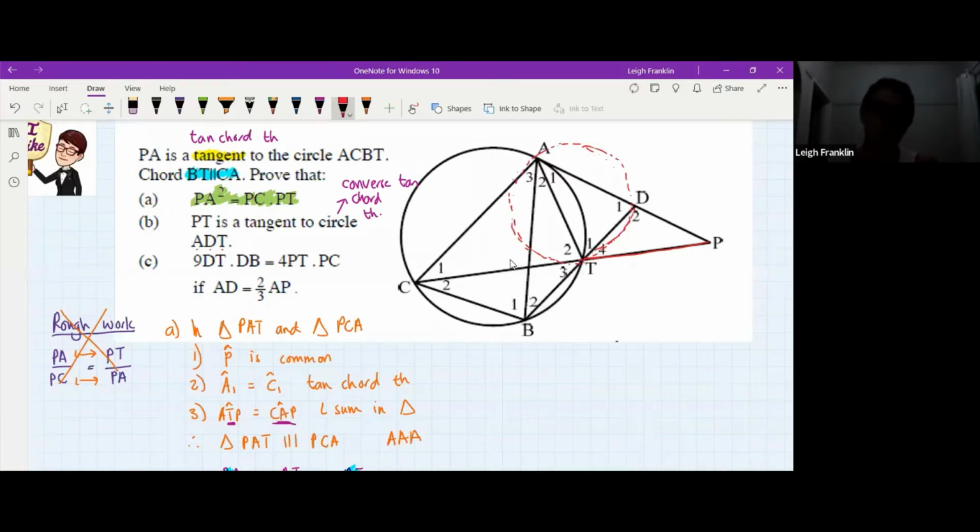Now, in order to prove that PT is a tangent to this circle, what does that really mean in terms of which two angles we need to prove are equal to one another? Does anybody know? Ma'am, can you say T4 and A1?